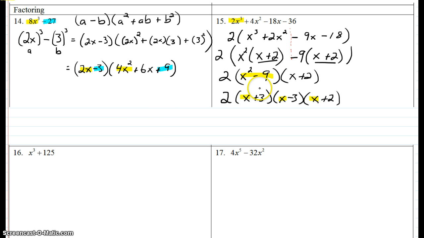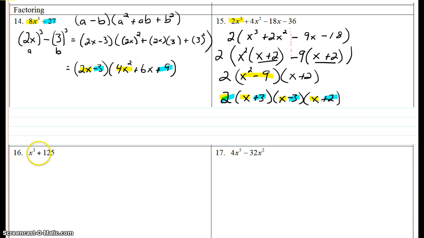So now 2 times x times x times x gives me that 2x cubed. And you can do the same thing for the last term. 2 times 3 is 6, times negative 3 is negative 18, times 2 is negative 36. So that looks good.